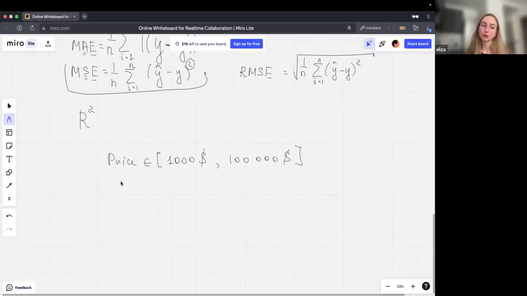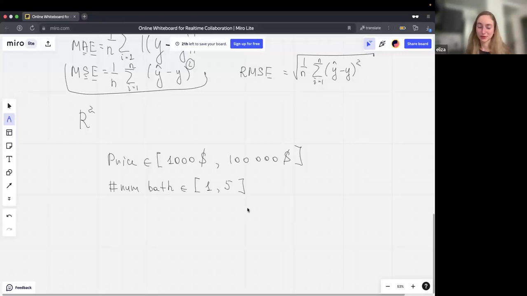But if you want to consider, for example, the number of bathrooms in your real estate, this number belongs maybe to 1 to 5.